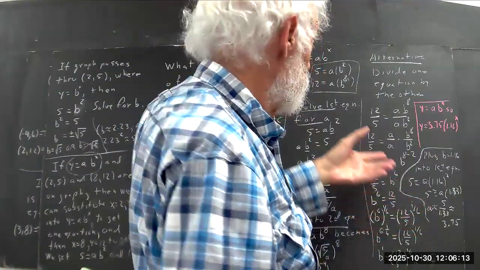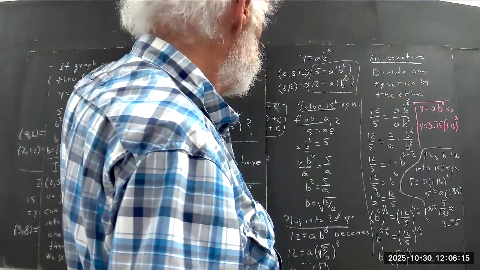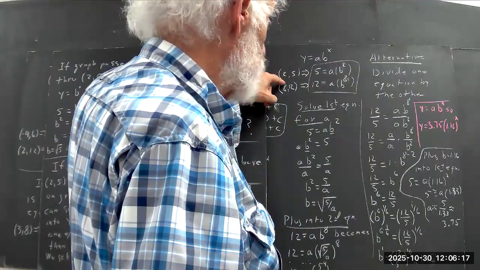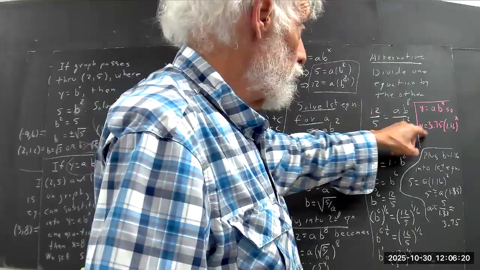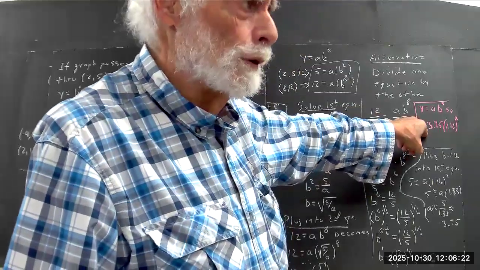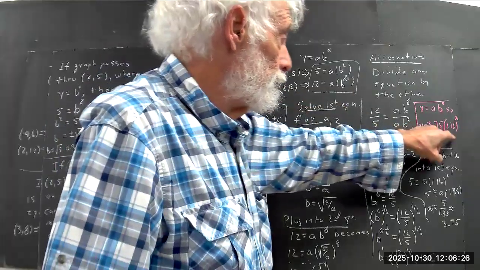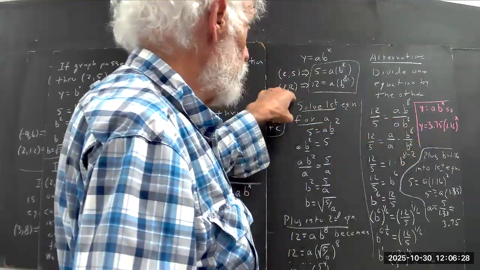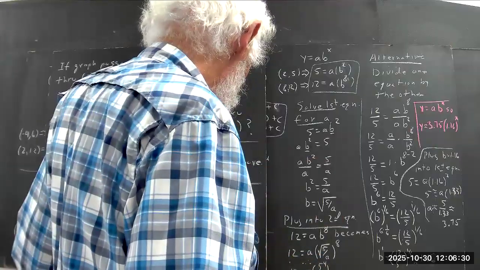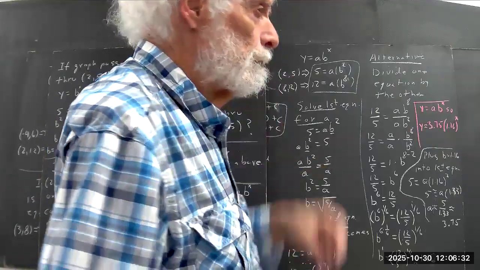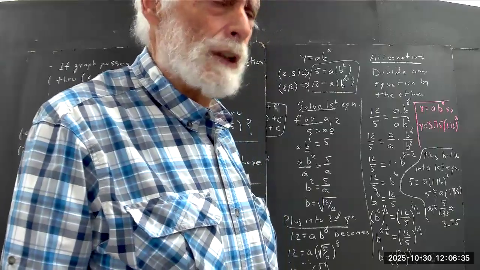Now to check this, you plug in x equals 2 and see if this gives you 5 or close to it. Then plug in x equals 8 and see if this gives you something very close to 12. That halfway makes sense?